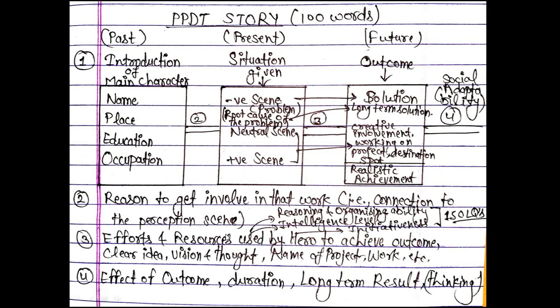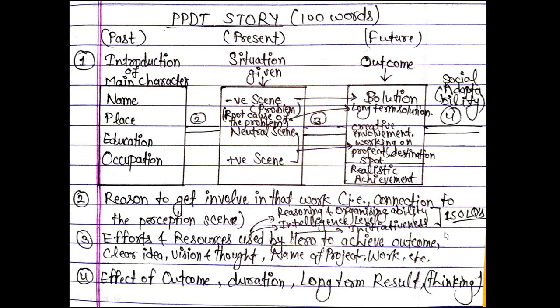Now efforts and resources. This third point indicates the efforts and resources used by the hero to achieve the outcome. Your hero must be using some efforts and resources. So what are those efforts and resources your hero has used? Your reasoning and organizing ability is checked, intelligence level and initiativeness is checked.